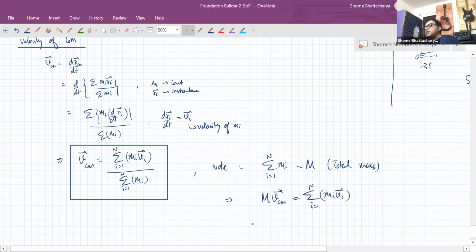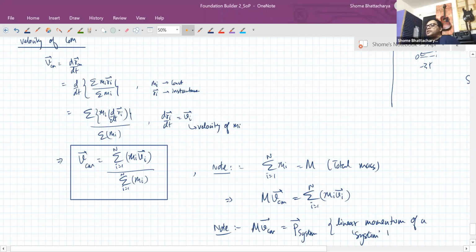Now this quantity, total mass into velocity of center of mass, will be defined as the momentum of the system. This will be defined as the linear momentum of the system of particles. That is defined as total mass into velocity of center of mass.